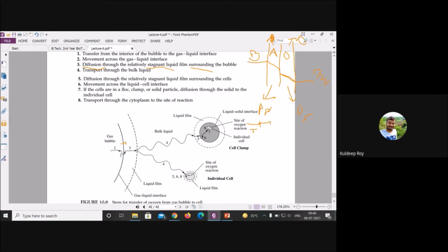This region we have talked about as diffusion in the aqueous film. The third, we have talked about the diffusion in the organic film, and here the turbulence will be in the organic film. So the second will be the aqueous turbulence and the diffusion in the aqueous film, and the third will be the diffusion in the organic film, and here will be turbulence.